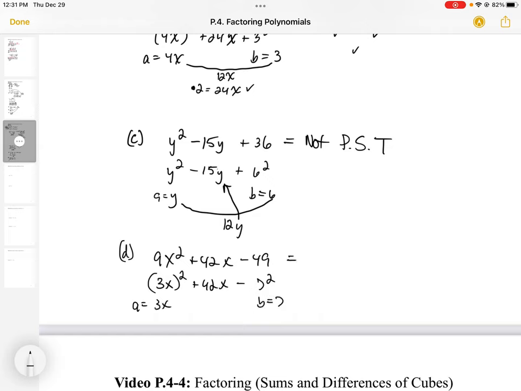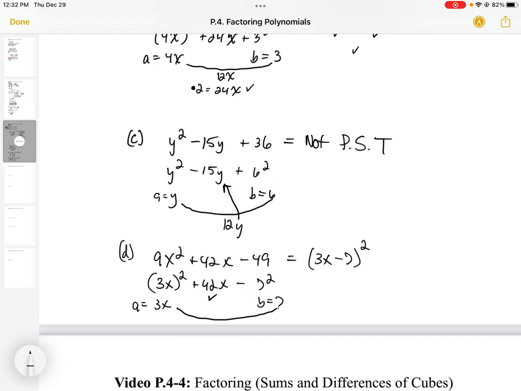So we might be tempted to write this as 3x minus 7 squared. Because even when we check, we multiply a times b together, we get 21x, and we double it, we get 42x. So it certainly seems like this is a perfect square trinomial.